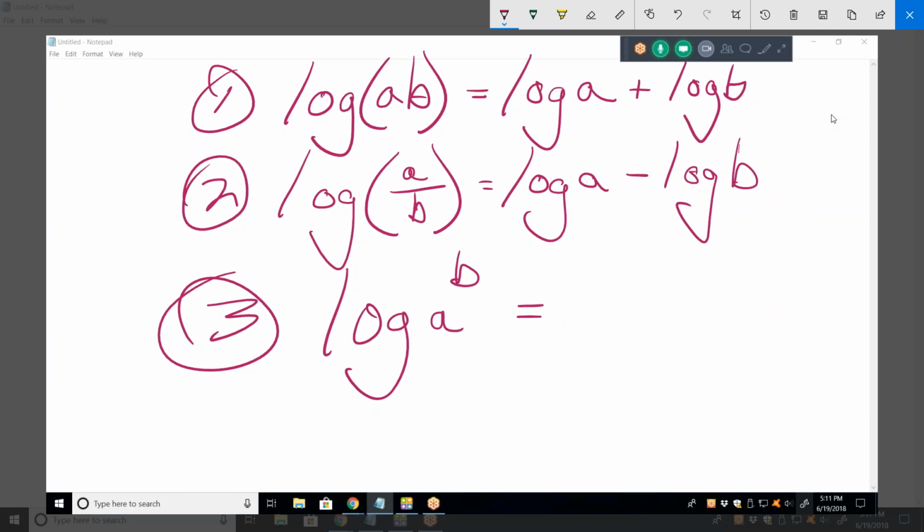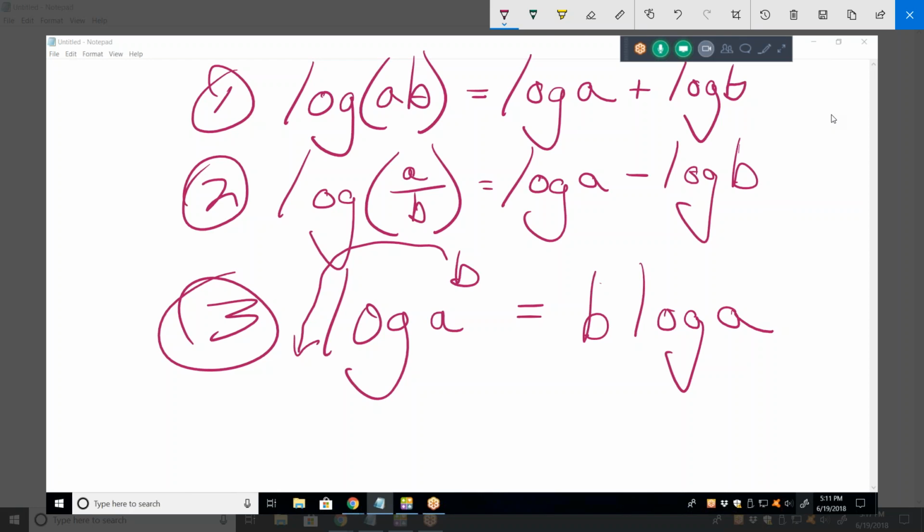There's no getting around it. You can get around some math rules, you can't get around others. You got to know all 3 of these identities. Okay, here's how I solve it. The B comes down and goes there, and it's equal to B times the log of A. Okay, so it's B log A.